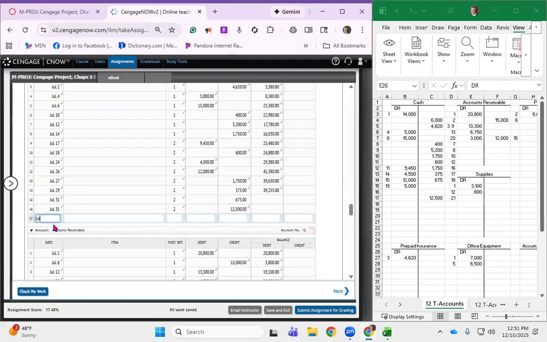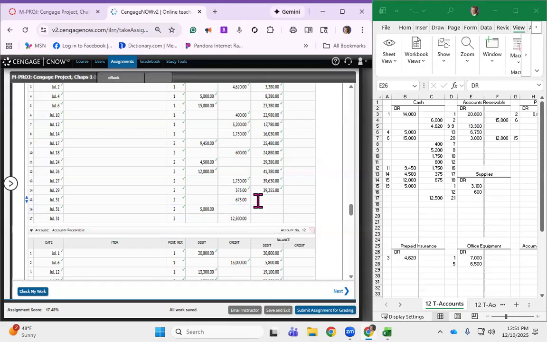So I don't want to lose what I just did. Okay, so that is okay there. All right, and then that's okay there. The one in between is the $5,000 that we got from the clients, and that causes cash to go up.